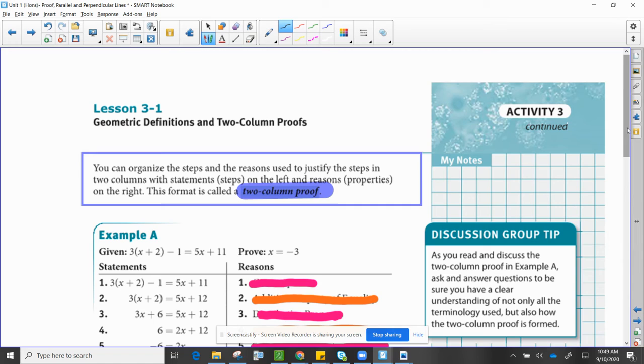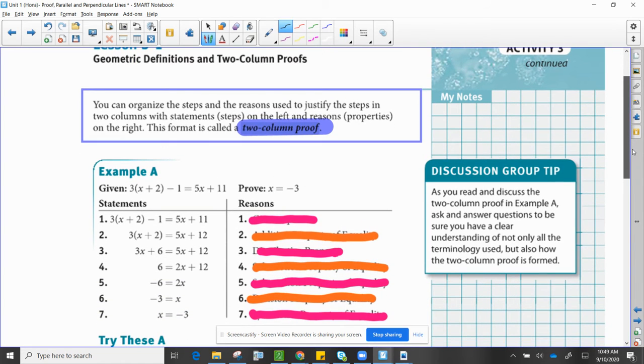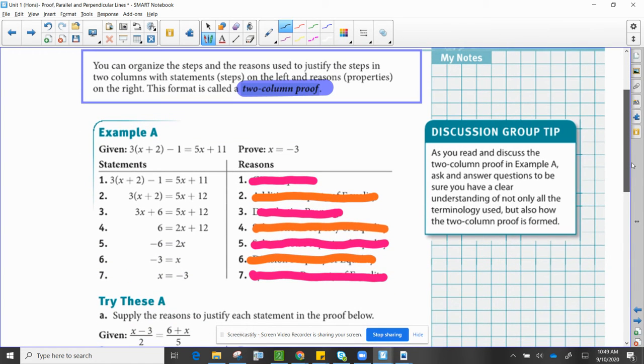So you can organize your steps and reasons used to justify the steps in 2 columns with statements, which are our steps, on the left, and the reasons, the properties, okay, on the right. This is called a 2-column proof, and we are going to be doing a lot of these in geometry, so they won't go away anytime soon. But they're saying your steps are on the left here, and your reasons, okay, your deductive reasons, okay, that are proved by actual properties are on the right, okay?